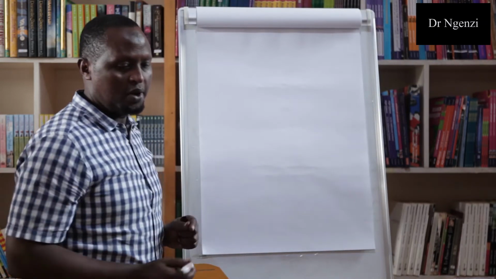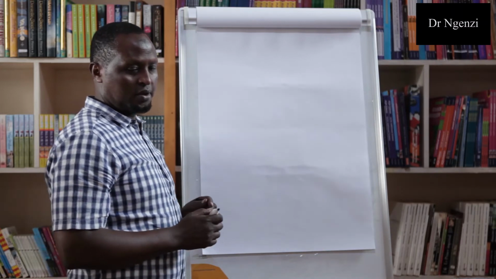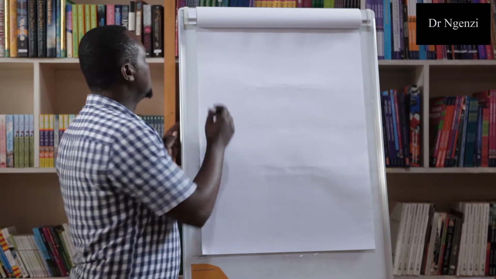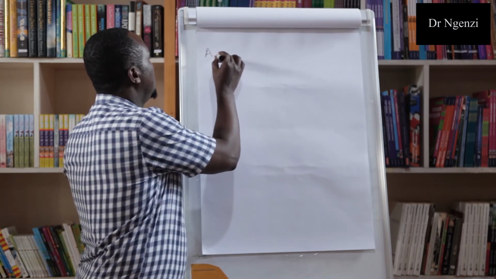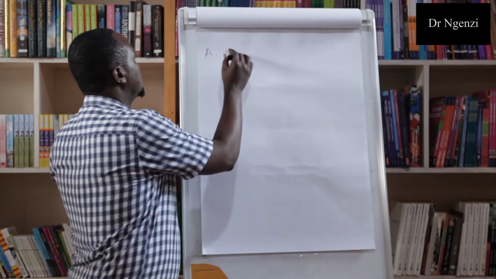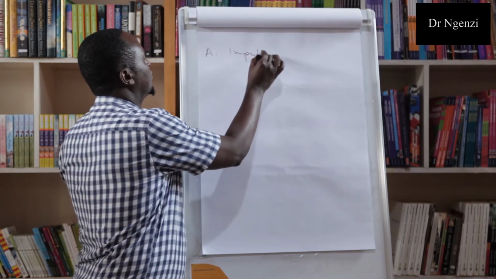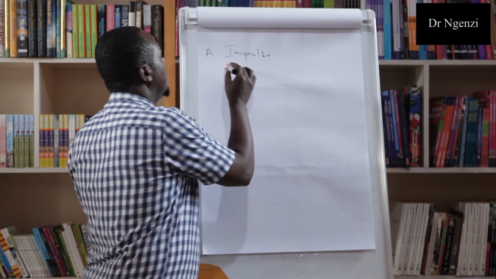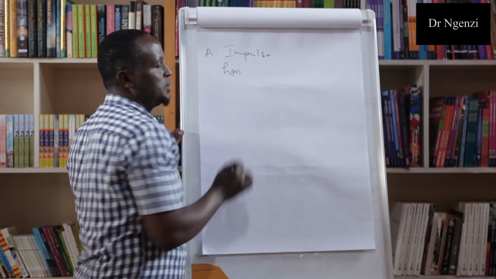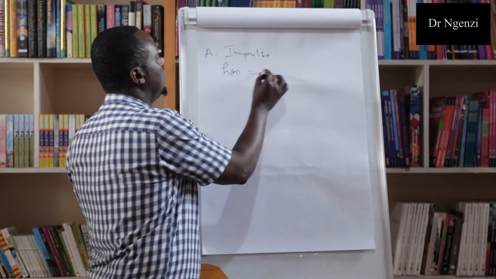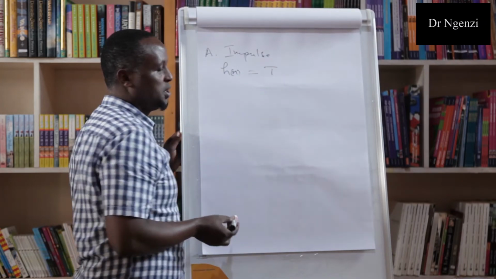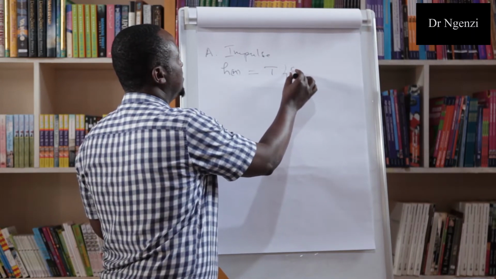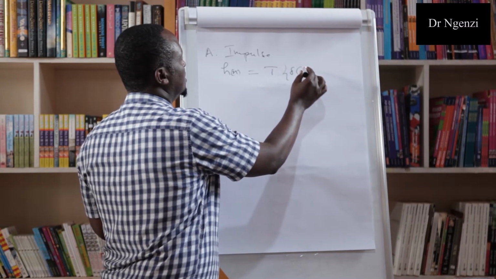Suppose now you have a time response of this impulse response. For example, you say impulse response h of n, which is equal to, as you remember, the transformation T of the unit impulse.